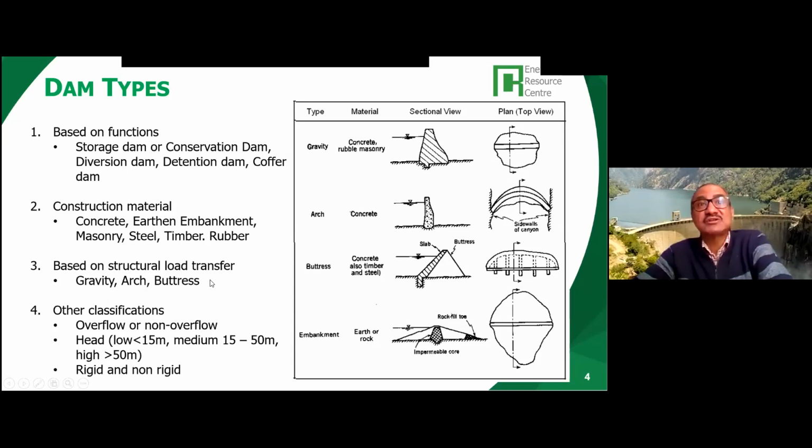And based on the structural load transfer, you can have a gravity dam. A gravity dam is based on the weight of the dam. The weight of the dam will control the load. For example, in the gravity dam here, when you have water upstream, the load on the dam is horizontal.